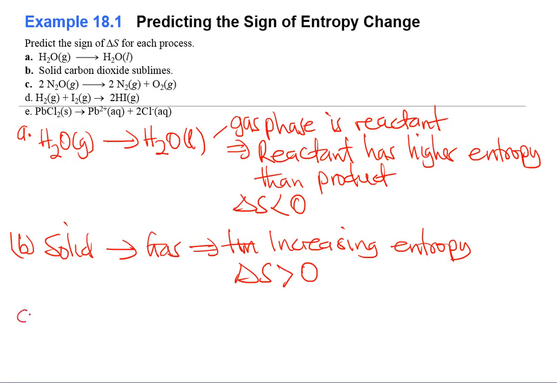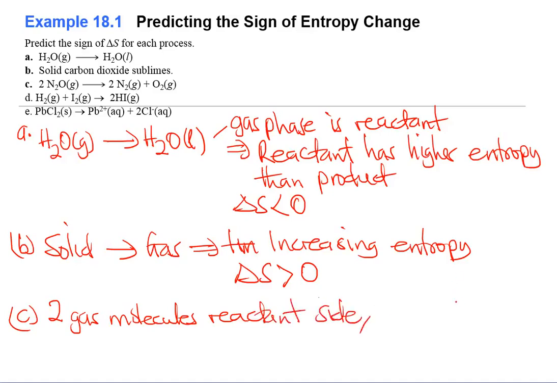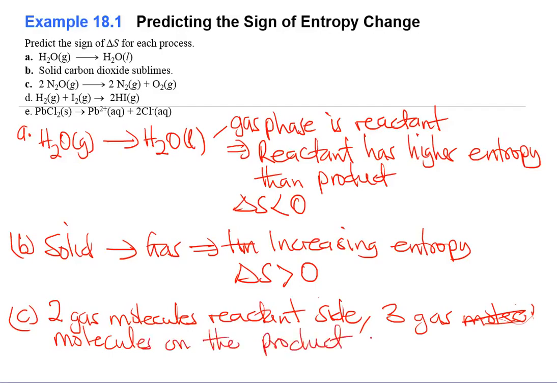What about in C? In C, if we count the gas molecules, we have 2 gas molecules on the reactant side, but 3 gas molecules on the product side.